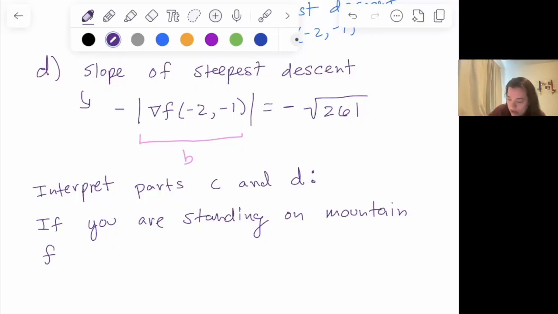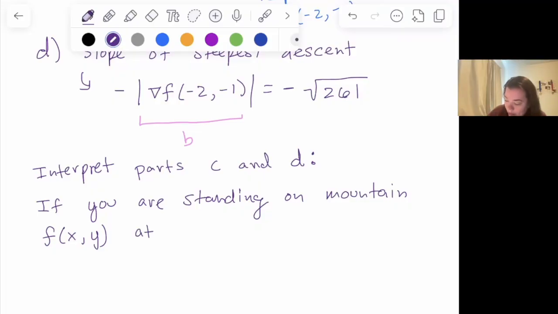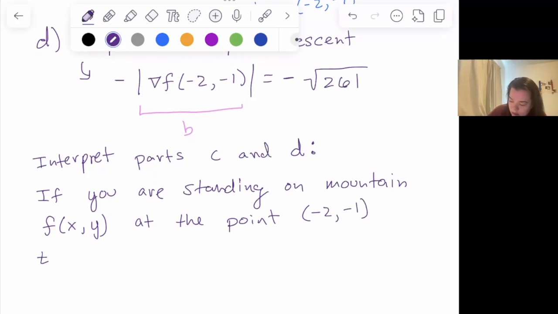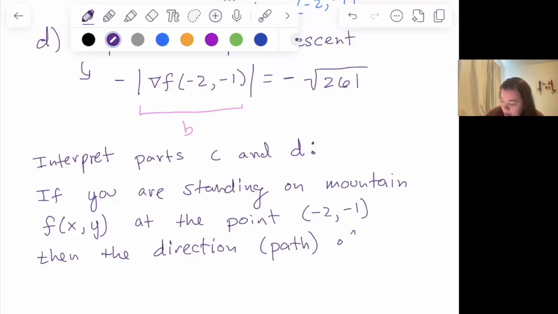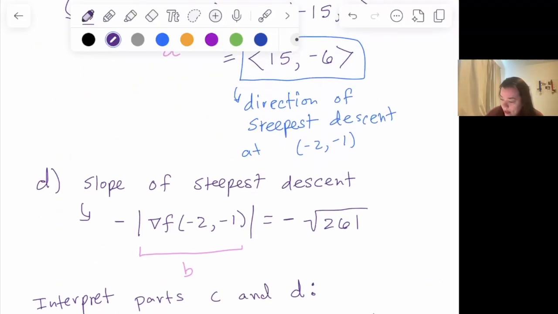the function. On mountain F, or on mountain F of xy if you want to be more formal with your notation. If you're standing on mountain F of xy at the point (-2, -1), then the direction, or the path you could say, of steepest descent, steepest downhill, that's what descent means, and I just need to scroll back up real quick to remind myself what that vector was.